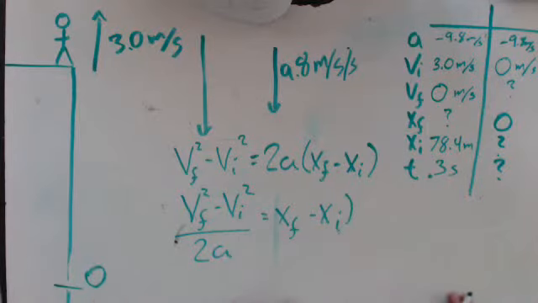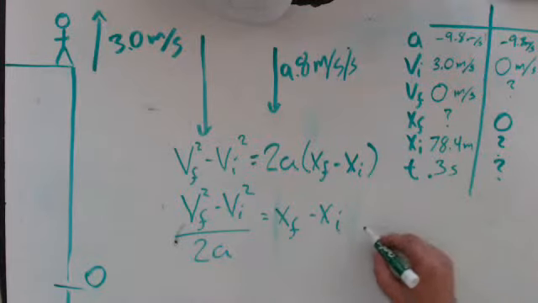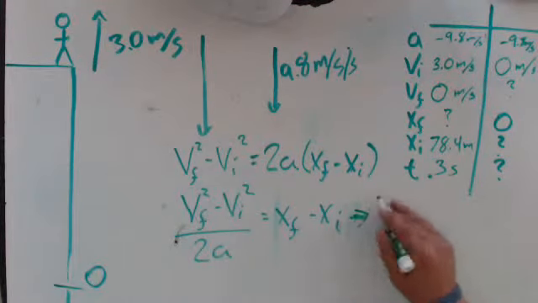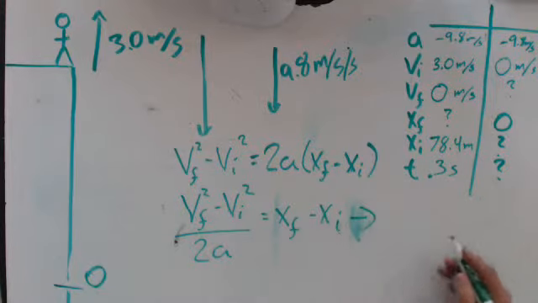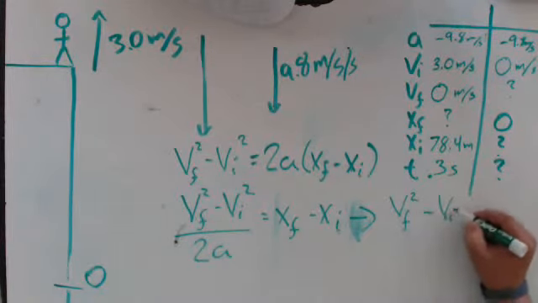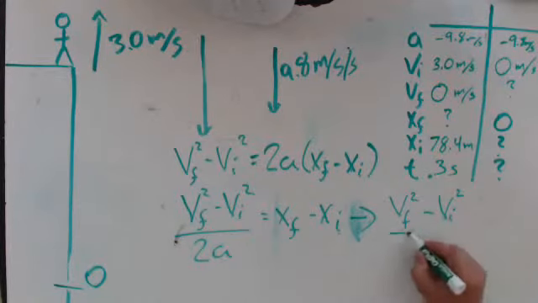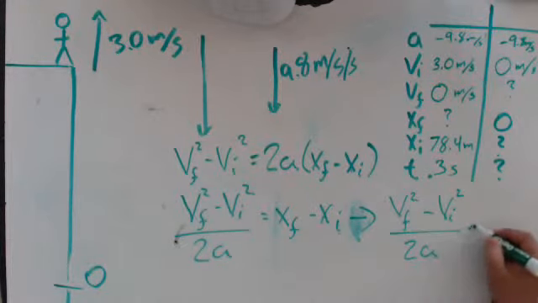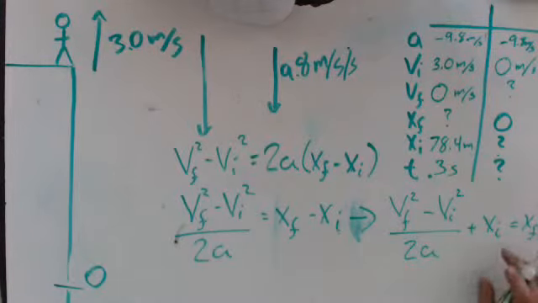Now I just need to move over the initial position to find the final position. So that goes to v final squared minus v initial squared over 2a plus x initial equals x final. Initial position, final position.